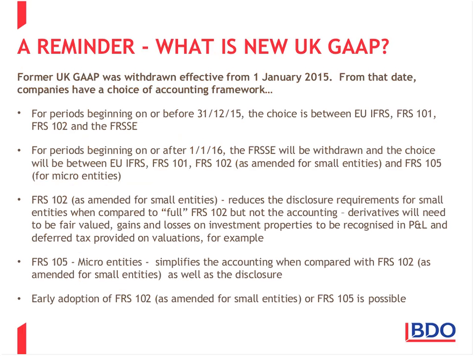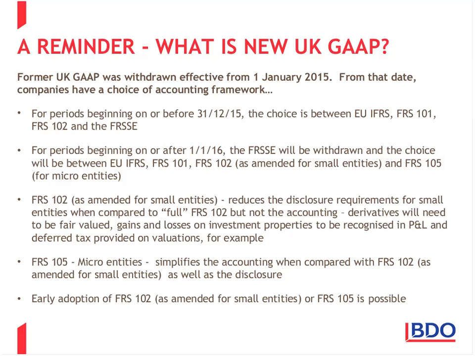Former UK GAAP, the old UK GAAP, was withdrawn from 1st of January 2015. From that date, companies had a choice. They could account under EU IFRS, FRS 101, FRS 102, and the FRSSE. Most SMEs would have continued to account under the FRSSE 2015.